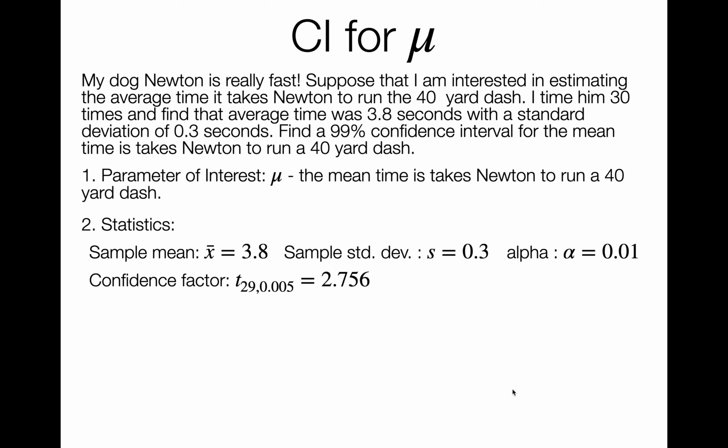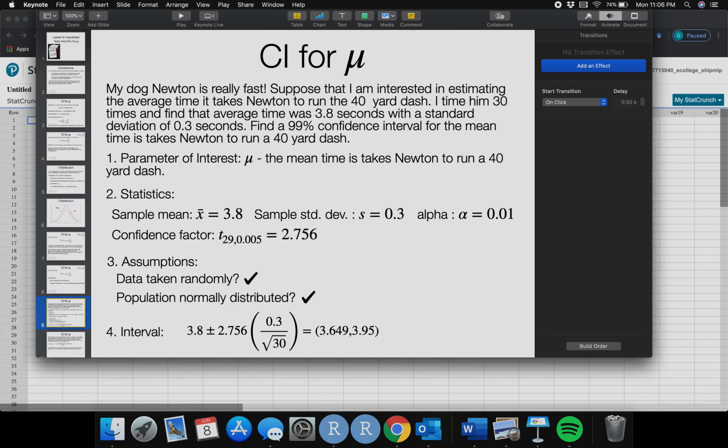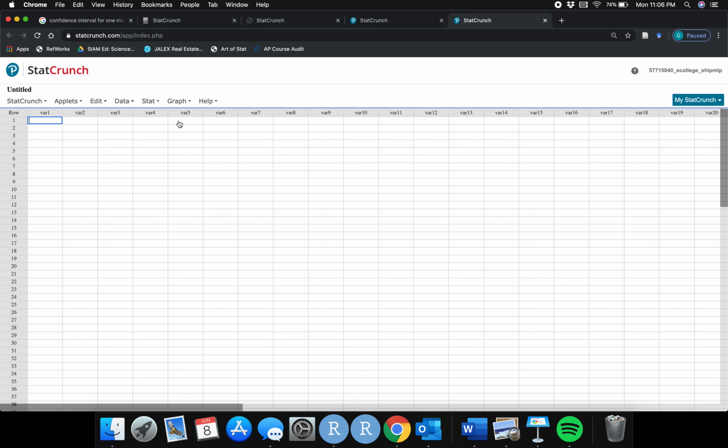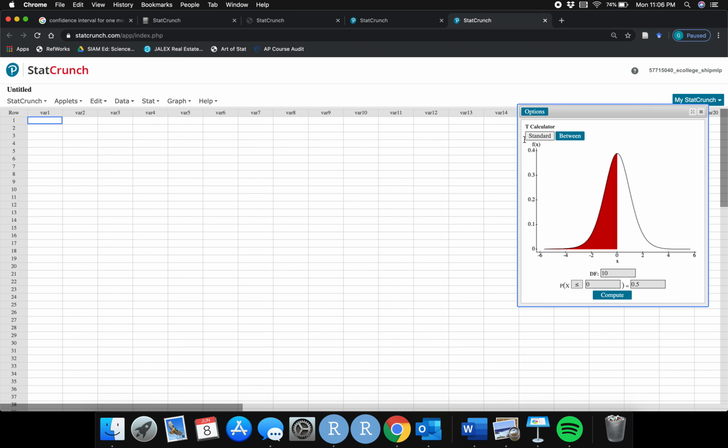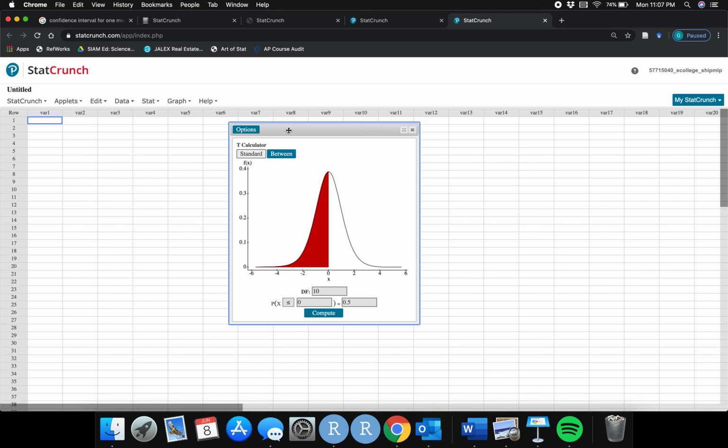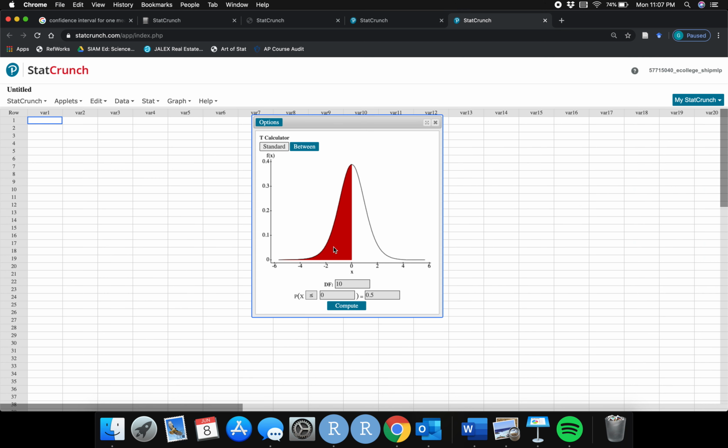Now I'll take just a slight deviation from the slides here, to StatCrunch. To find that t value, I'm going to go to Stat, Calculators, t. It looks very much like the normal here, and it asks you, instead of mean and standard deviation, just for degrees of freedom.